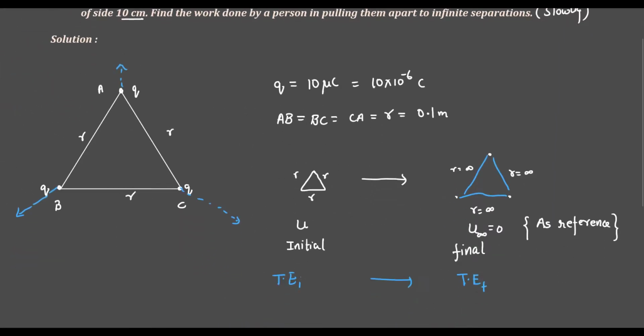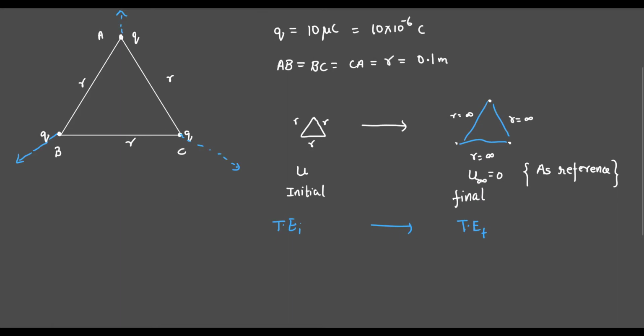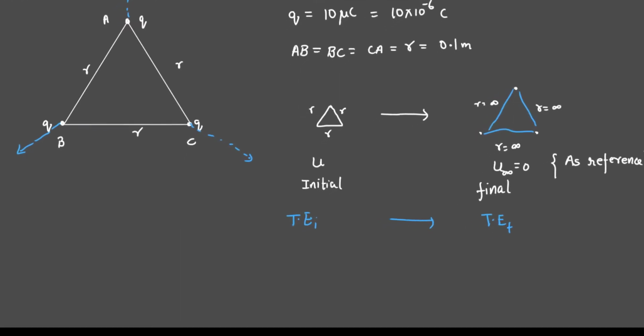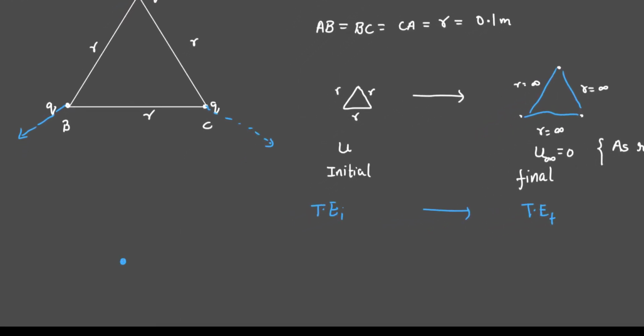Now, in this process, what happens? Basically, the forces, if I draw for a third charge C, the motion is like this, or the electric force F electric is like this. The external agent who is trying to take apart the charges actually has to take the charge slowly. That means he will be applying force like this.